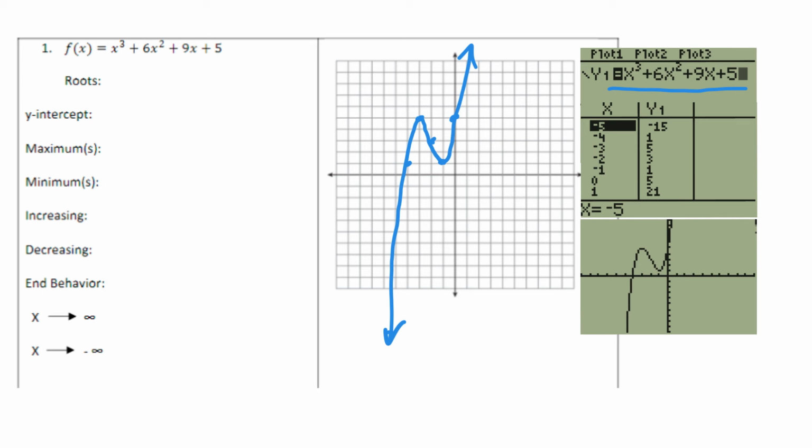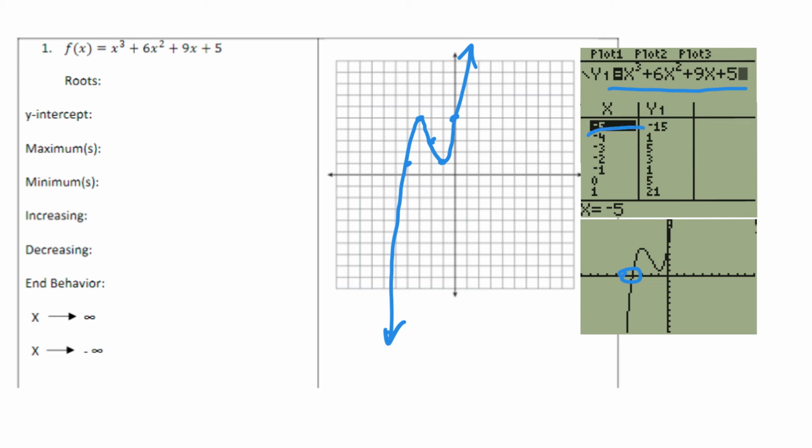Now we want to identify our roots. Now remember, roots are where we have a 0 value. So we have only one crossing of the x-axis, so we have a root that is approximately -4.